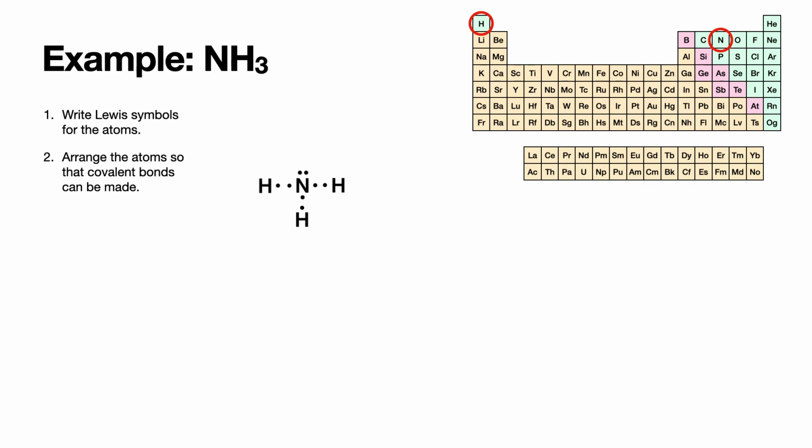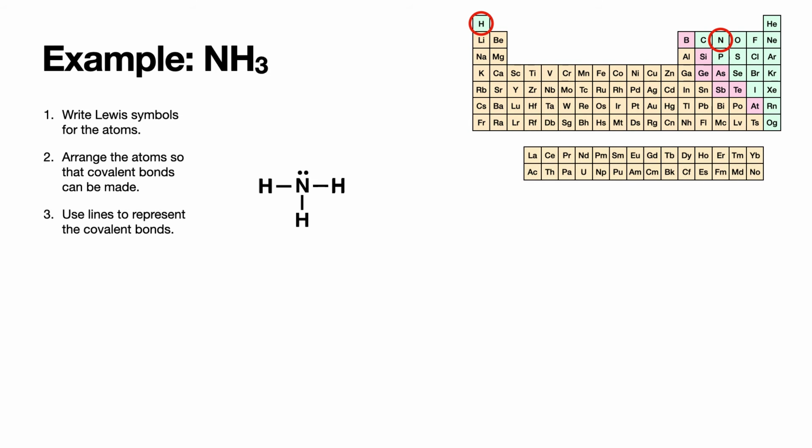So now the atoms are arranged in such a way that between neighboring atoms, there's a pair of electrons that's able to be shared. And then finally, I'm just going to use lines to represent those covalent bonds. So each shared pair of electrons I'm going to represent by a line. And so this would be the Lewis structure for ammonia, for NH3.